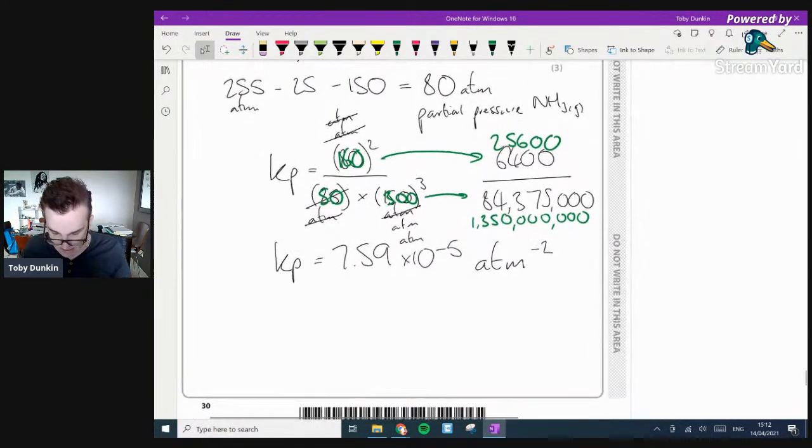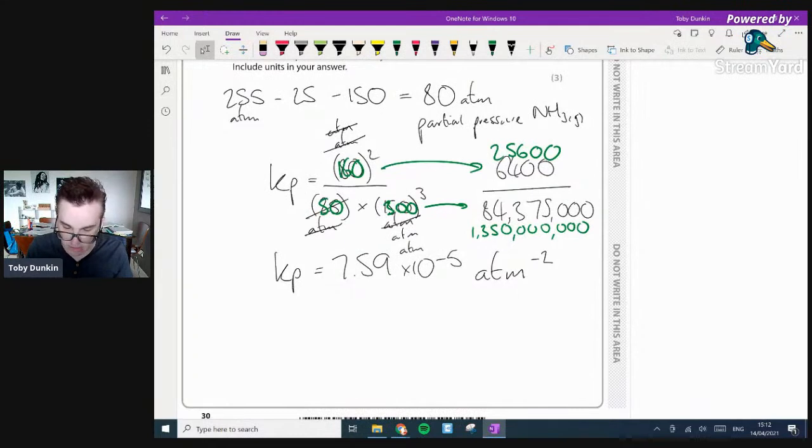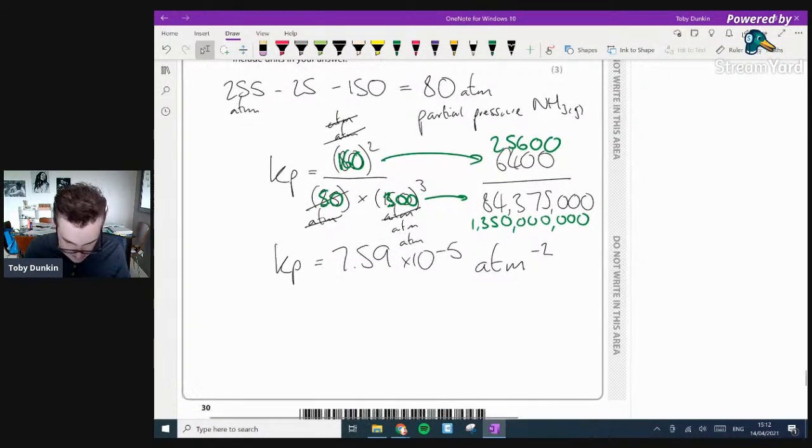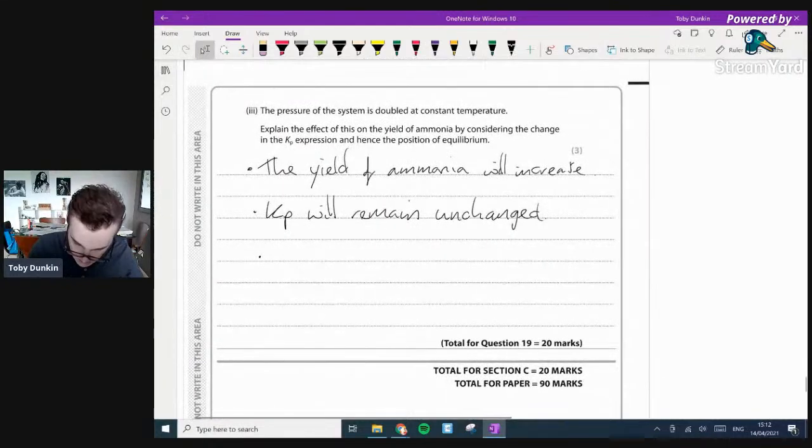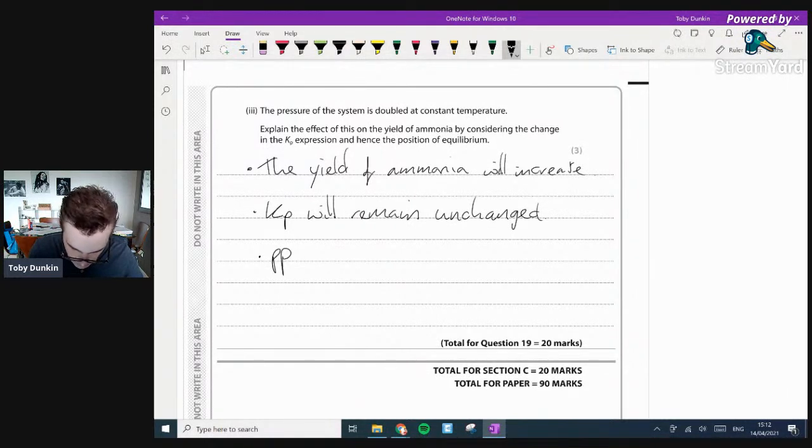The reason being is the denominators are going to increase greater than the numerators because there's more of them. So the partial pressure of the denominators increases more than the numerators.